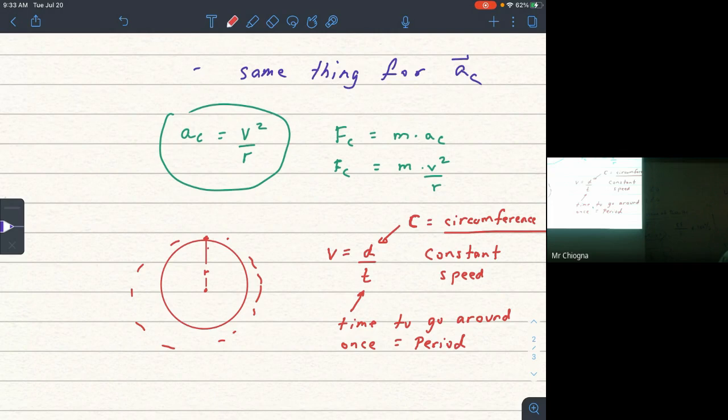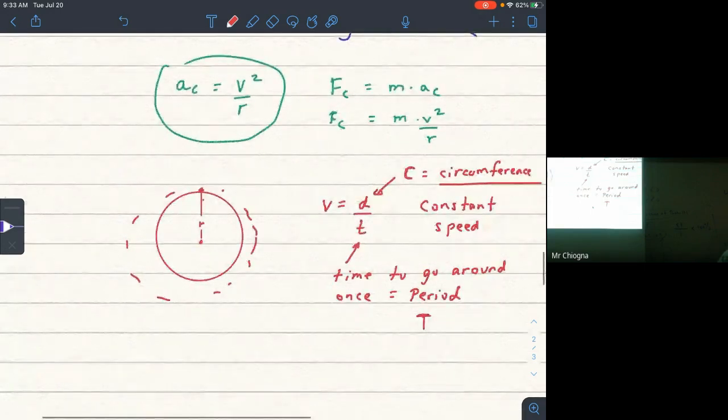And the symbol that we use is, this is the confusing part. People confuse it with tension. That's why I like using FT instead of T. The symbol we use for period is big uppercase T. So for constant speed, the speed is given by the circumference divided by the period.